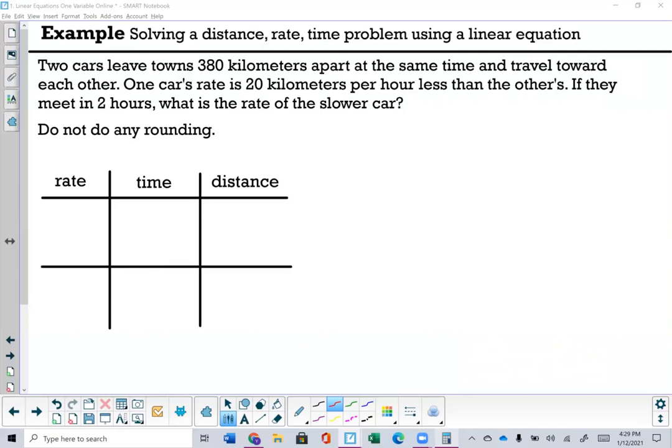We have here two cars that leave towns 380 kilometers apart at the same time and travel toward each other.